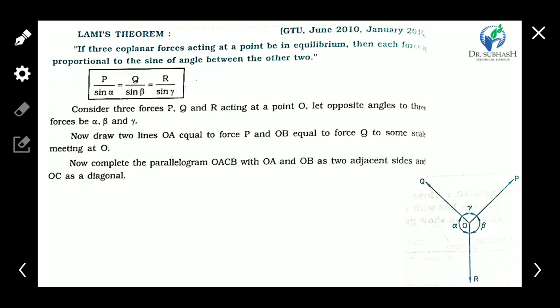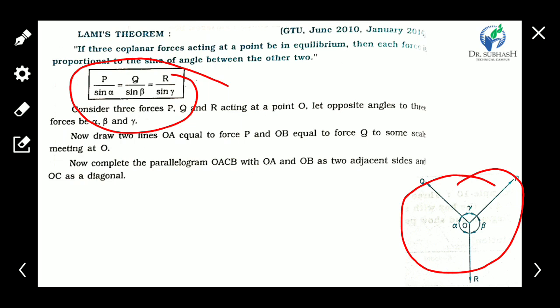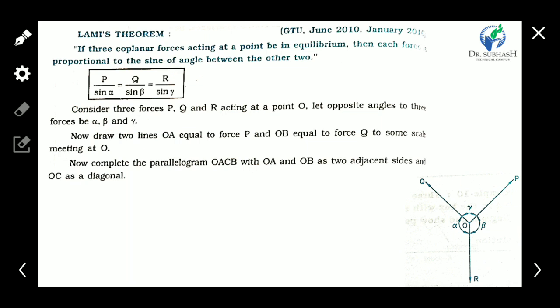In short, any one force of the three is proportional to the sine of the angle between the other two. Let's consider the Q force. Then Q is proportional to the sine of the angle between the two other forces.